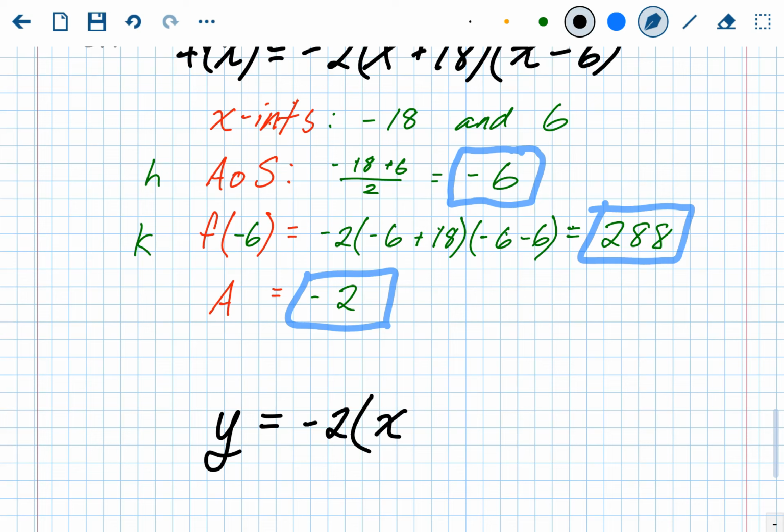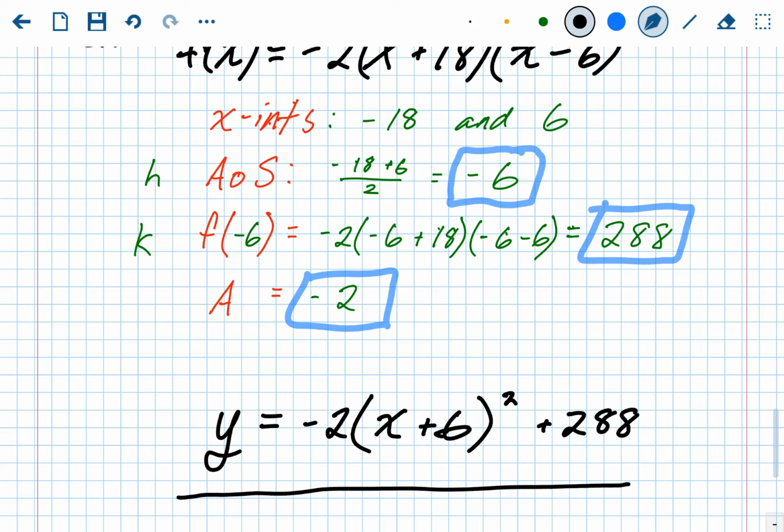Now again, minus negative 6 is plus 6, squared, plus 288. All right, so not much new here. If you need to write your quadratic in vertex form, you must find the vertex. It's as easy as that.